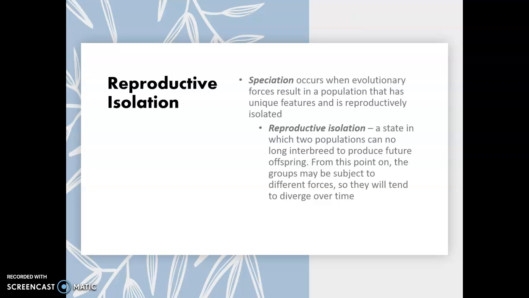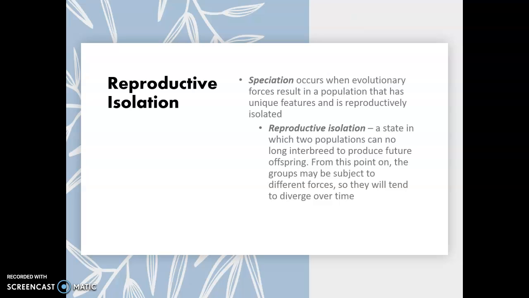All right, so let's talk about some definitions. So let's talk about reproductive isolation. Speciation is going to occur when evolutionary forces result in a population that has unique features and is reproductively isolated. Okay, so the actual definition for reproductive isolation is a state where there are two populations, but they can no longer breed to produce future offspring.